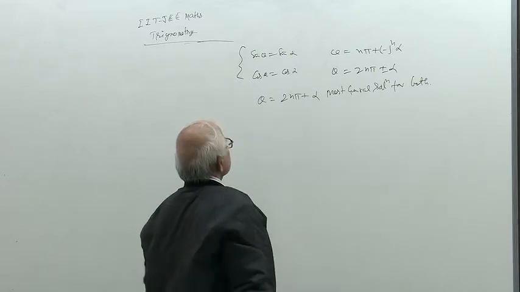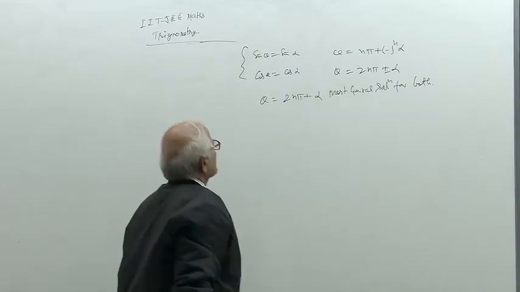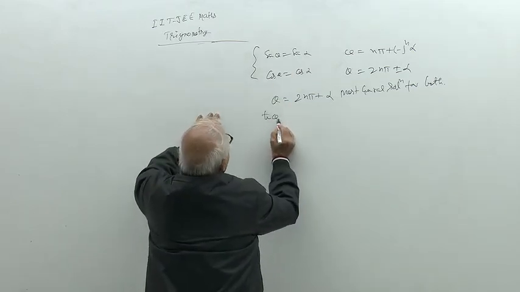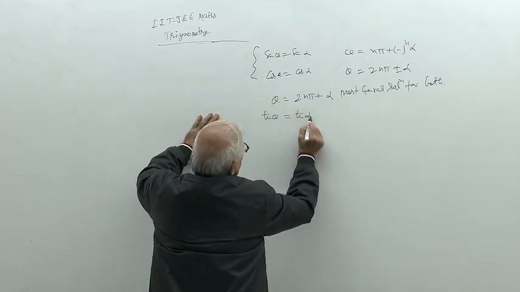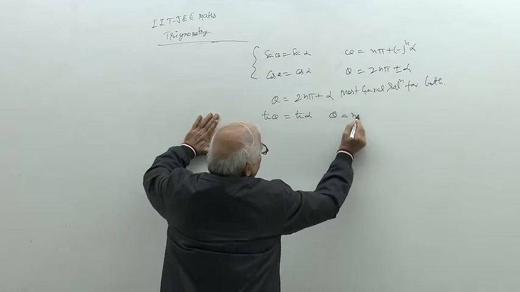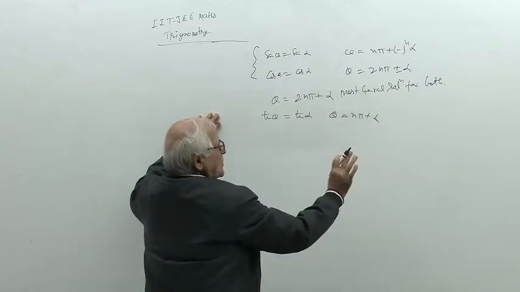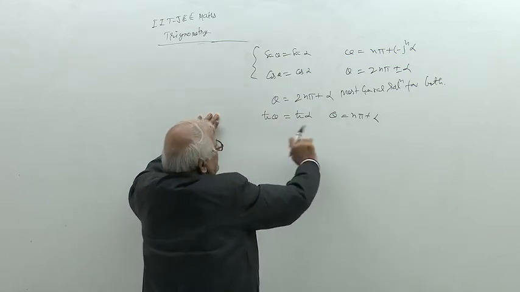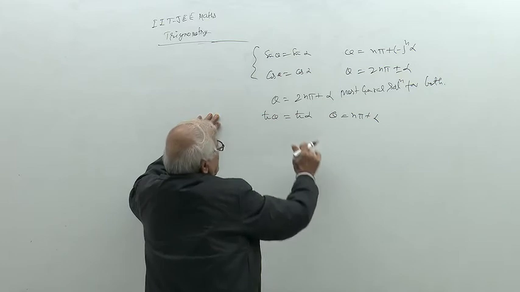Now because we divide, then we have what? We have tan alpha, then theta is equal to we have n pi plus alpha. We know. But this does not satisfy this.